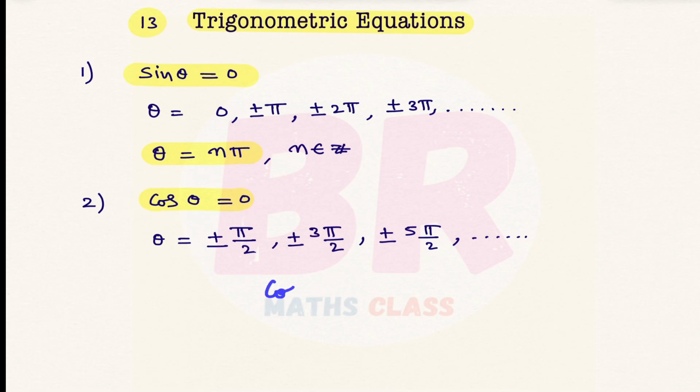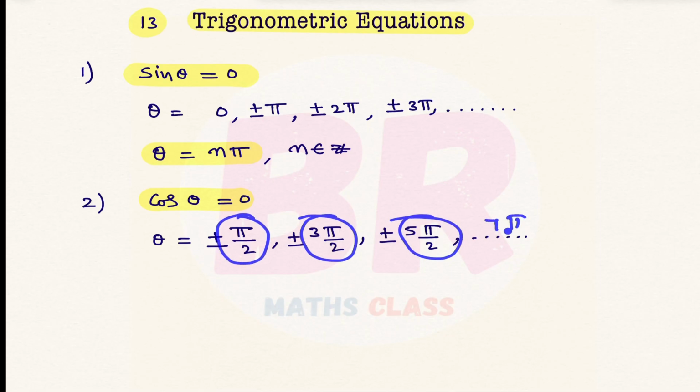See, someone asked cos 7 pi by 2. What is the value of cos 7 pi by 2? You observe here, whenever an odd number into pi by 2 is there, then cos gives you the value 0. This you can check easily. So here you see 1 into pi by 2, 3 into pi by 2, 5 into pi by 2, 7 into pi by 2.